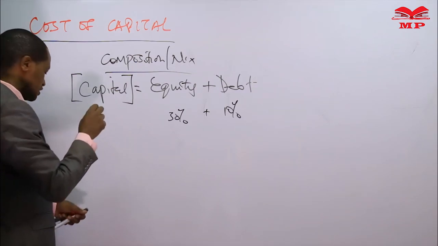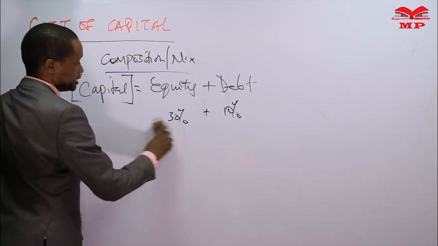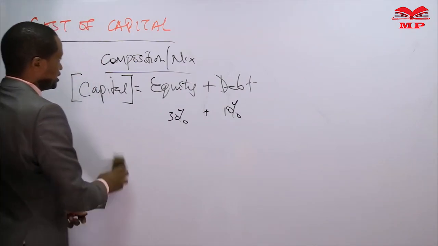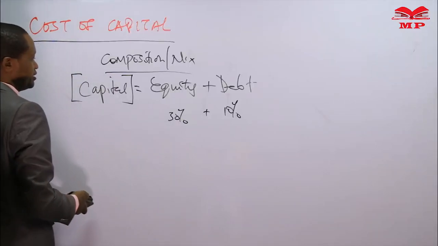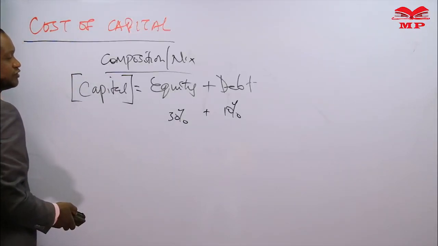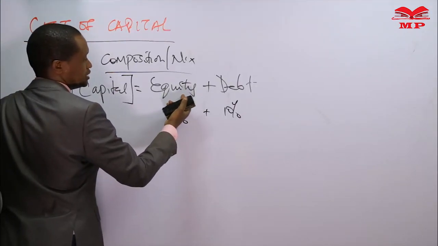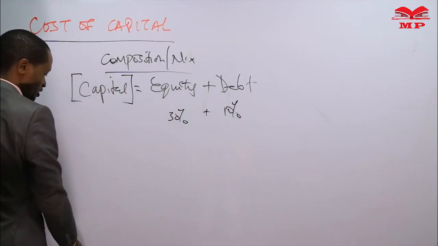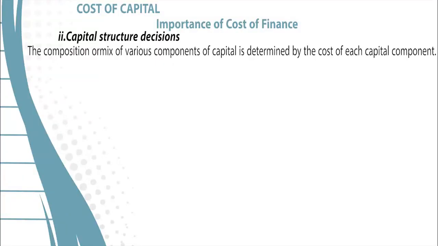So the cost of capital will be very critical when determining the composition or the mix in the capital structure. By mix, we are referring to the ratio between the equity and debt. So that is one aspect where the cost of capital is important.